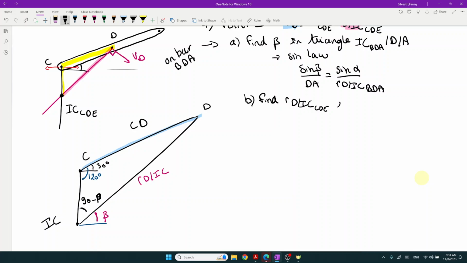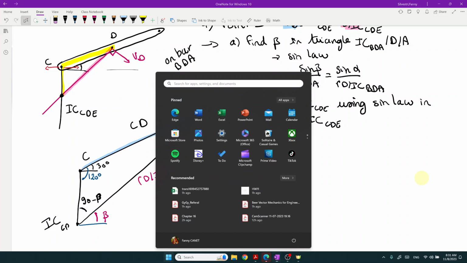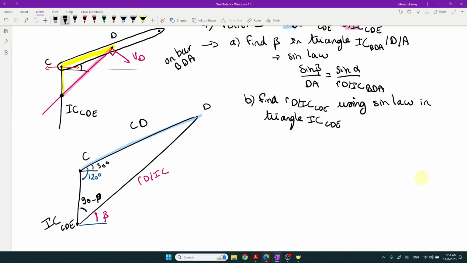We will use the sine law in triangle CDE.